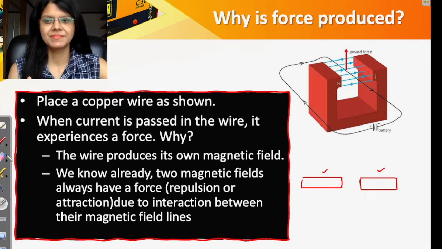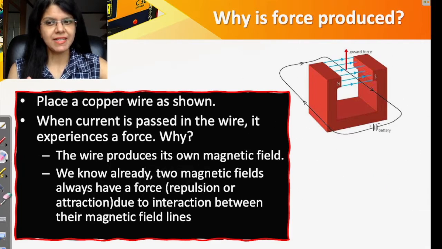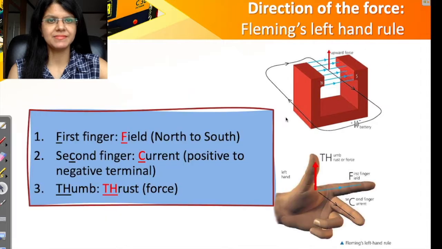Right? So what do we understand from this topic? We understand that whenever there is a current flowing in a conductor, and if that conductor is placed in a magnetic field, there will be a force produced. All right, so let's proceed.